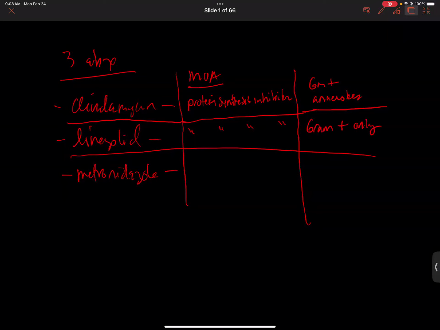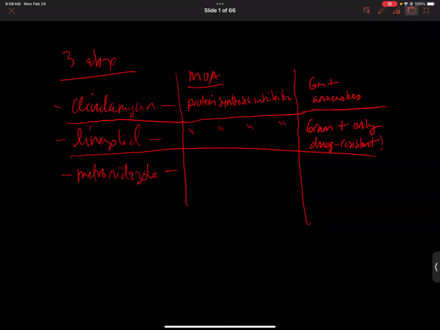We only use linezolid for gram-positive infections, and linezolid should really only be used for difficult to treat or drug-resistant gram-positive infections. And you guys can name those organisms, okay?